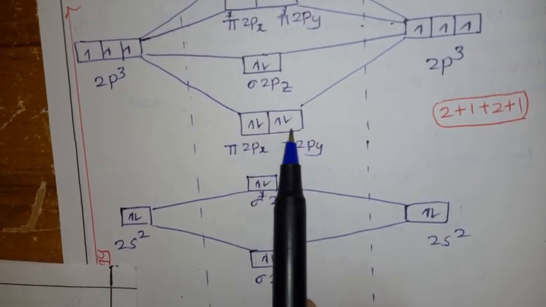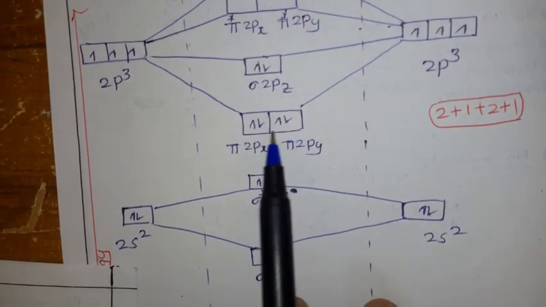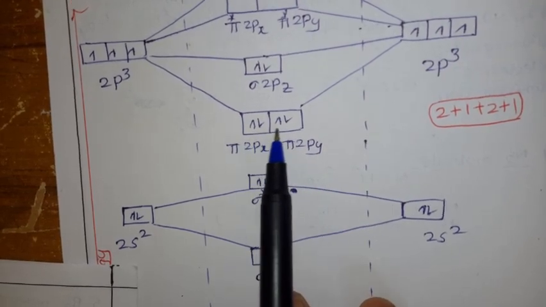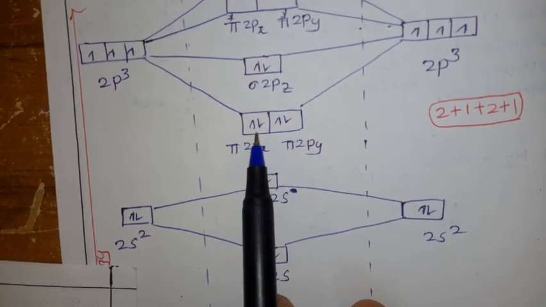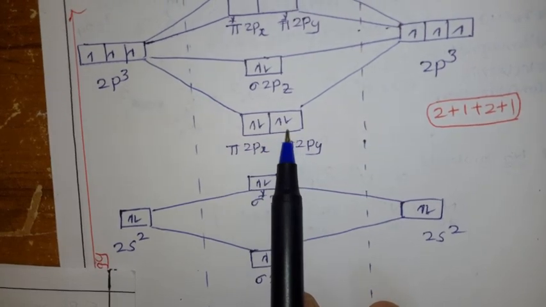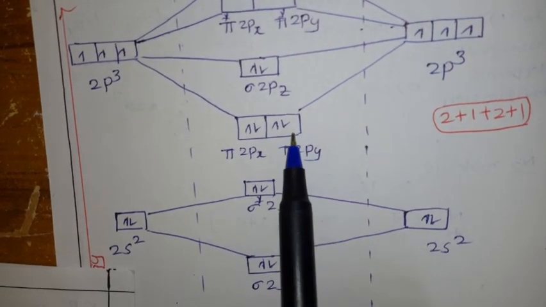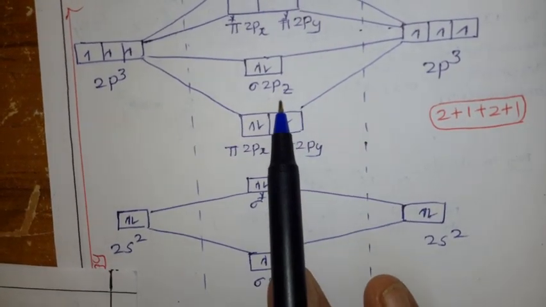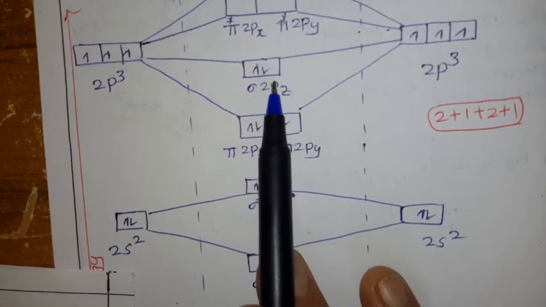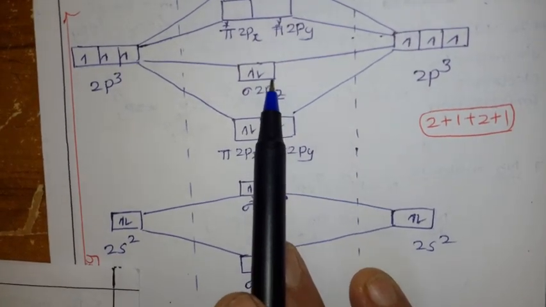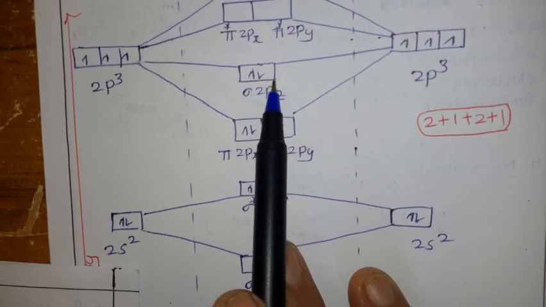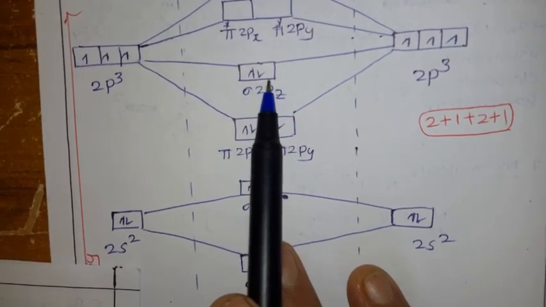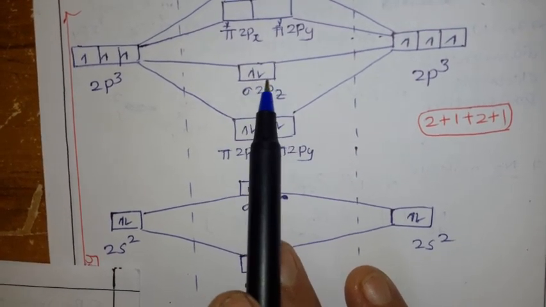First you have to go for single occupancy, after that for pairing. So 9, 10, after that 11, 12. Okay, these degenerate orbitals are over. After that you have to go for sigma 2pz. Now how many electrons are left? Only 2, and we have only one molecular orbital, so you fill it with the 2 electrons.